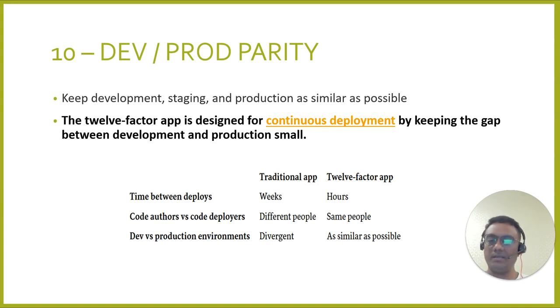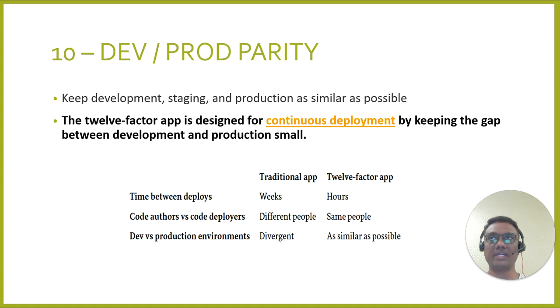So we can see the differences between traditional and 12-factor apps. The time between deploys in a traditional app could be weeks, whereas in a 12-factor app it could be hours. Code authors and code deployers could be different people in a traditional app, but in a modern 12-factor system they could be the same person. The dev and production environments in the traditional app will be divergent.